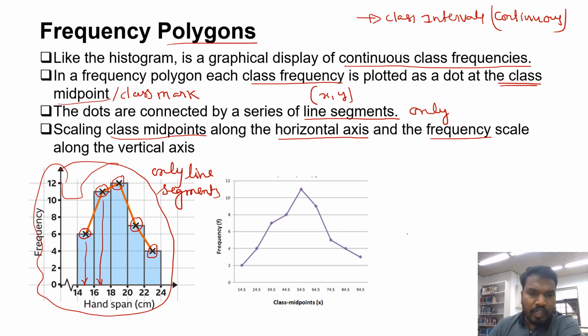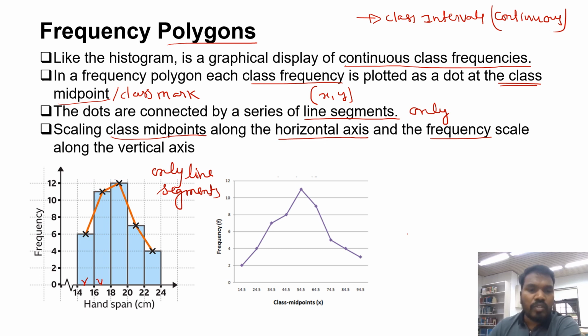One more thing you should keep in mind: as I said, it is a polygon, and a polygon is a closed figure. Whenever the line segments are not closing the figure, you should make it close. Let's say the points are A, B, C, D and E. Our class intervals start from 14 to 16, and the end class interval is 22 to 24.